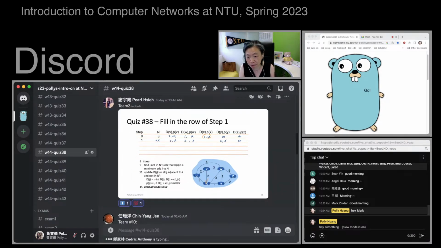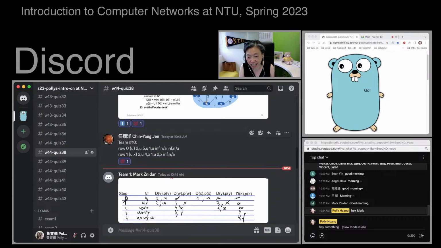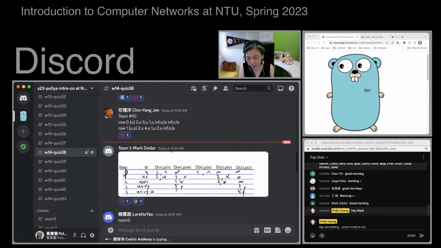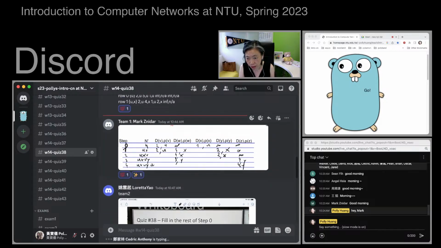Team 3 is the first one to get it perfectly right. Team 10, Jin Yang, you are also right. And Mark received 100 points, a shiny 100, because Mark has completed the entire derivation to step 4, when the whole network is included in M prime.